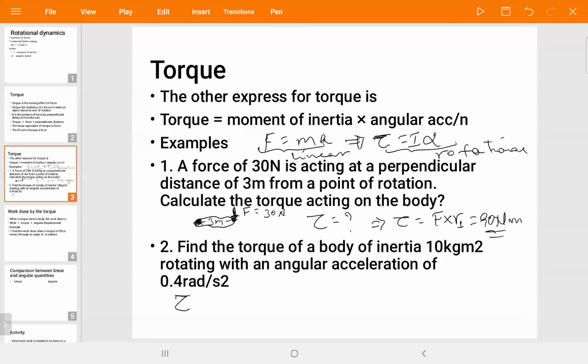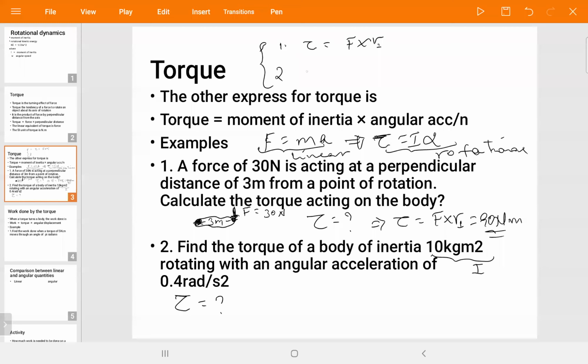Here, still we are looking at torque. Then what will be the torque? The given quantities are the inertia of the body, which is I, and the angular acceleration of the body, which is 0.4 rad per second square. We do have two expressions for torque. The first one is that torque can be obtained by the cross product of r times force, the perpendicular distance.